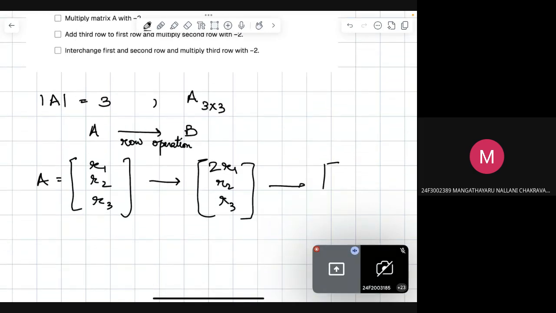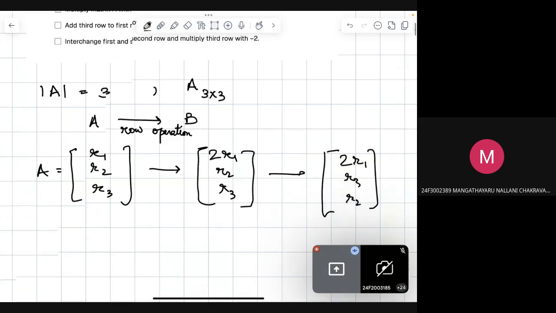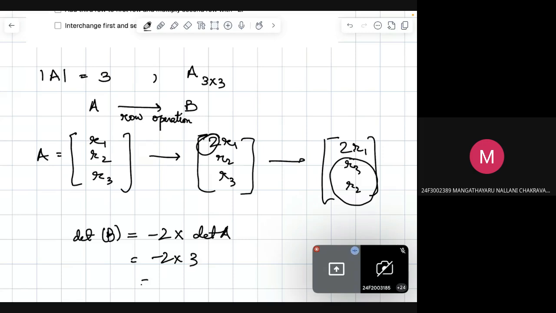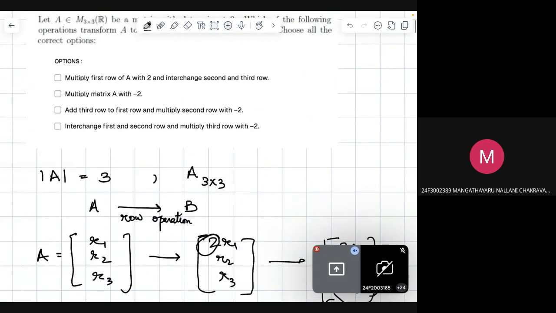So how does that change the determinant? Due to the row exchange the determinant becomes negative, and due to the multiplication the determinant gets multiplied by 2. So the determinant becomes -2 into determinant of A, which is -2 into 3, which is -6, and hence this is the correct option.